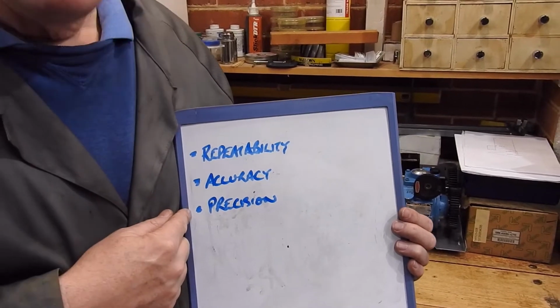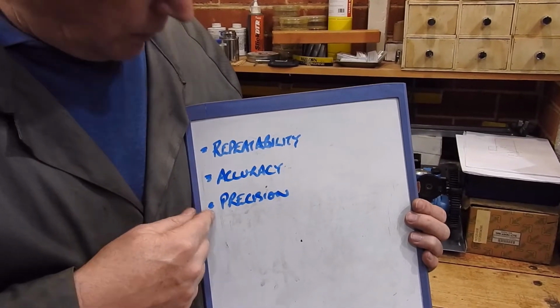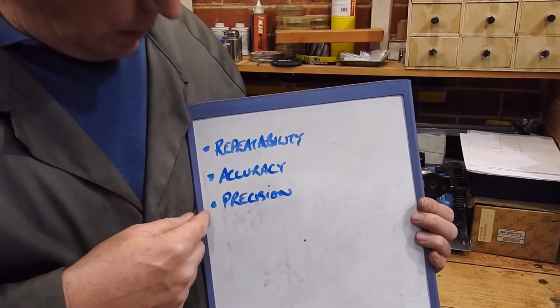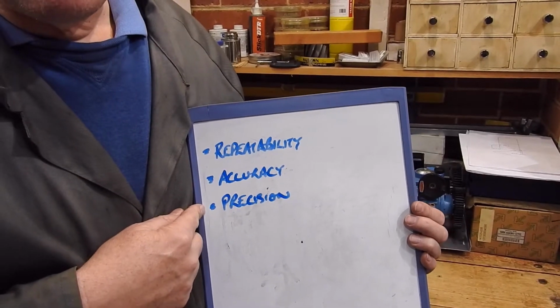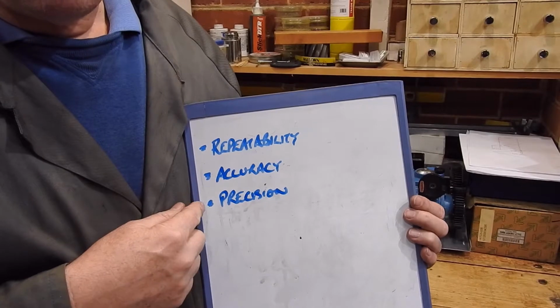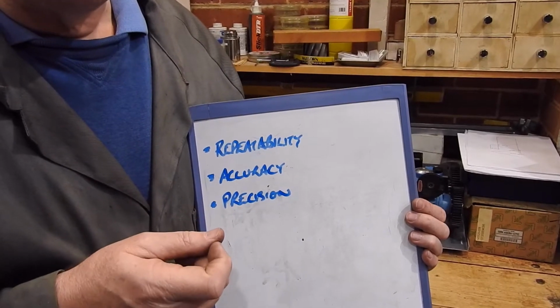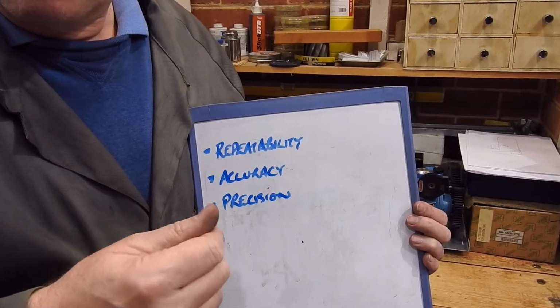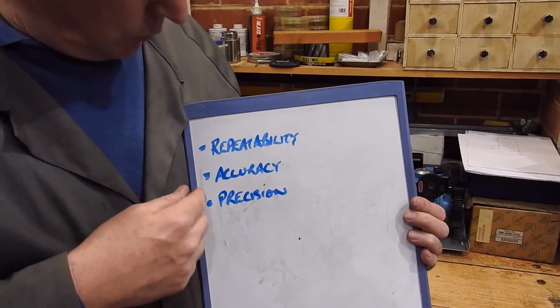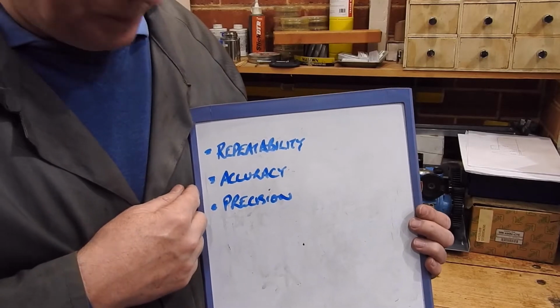Okay, and the third one is precision, and precision relates a little bit to the accuracy in that when we talk about precision in measurement, we're talking about how close is the value you're getting in terms of the number of significant digits to the true value.